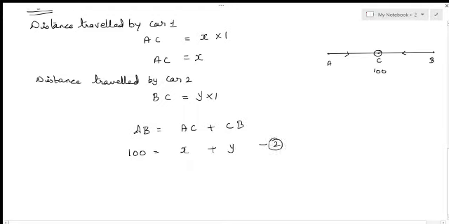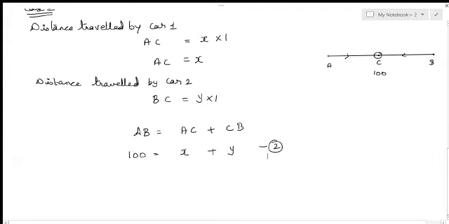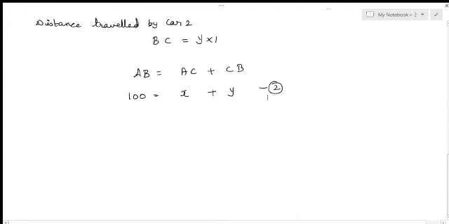So now I'm going to solve equation 1 and equation 2. What's my equation 1? It is x minus y equal to 20. So I'm going to eliminate the y variable, and this x minus y equal to 20 is my first equation, and x plus y equal to 100 is my second equation.